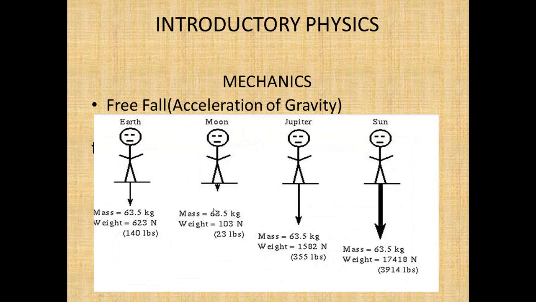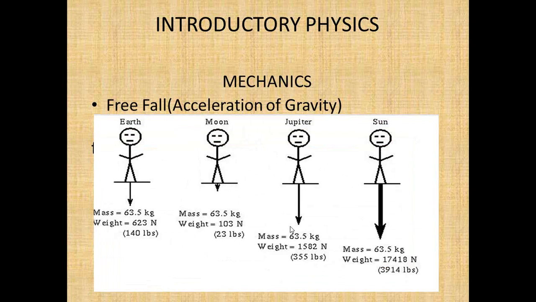If you're on the moon, you wouldn't have much weight, because remember the acceleration due to gravity, and we'll show you how you get that, on the moon is very much less than what it is on Earth. So you weigh only about 103 newtons, or 23 pounds, negligible weight.